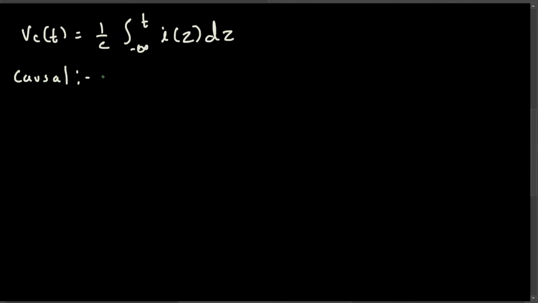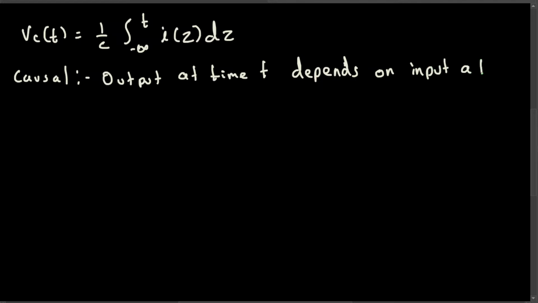Causal system is defined by output at time t depends on input at time t and all past inputs.